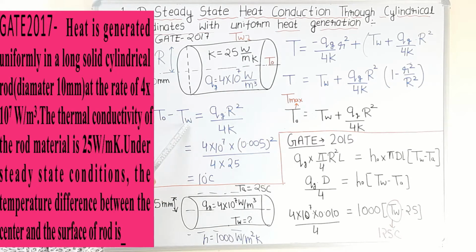T naught minus Tw will be equal to Qg by 4K into capital R square, and we are given all the values Qg, R and K. After substituting, we get the value of T naught minus Tw as 10 degrees centigrade.